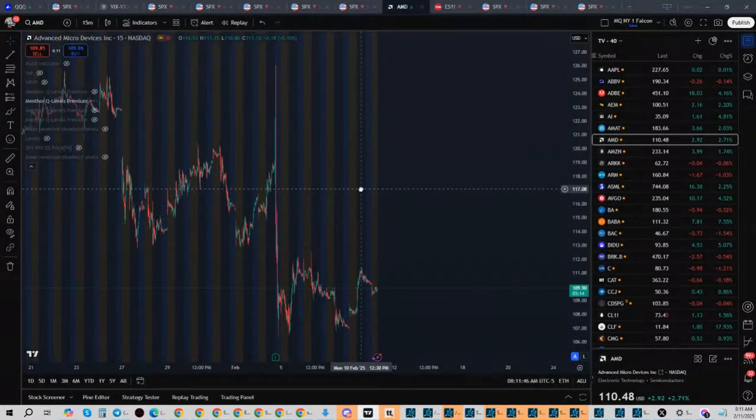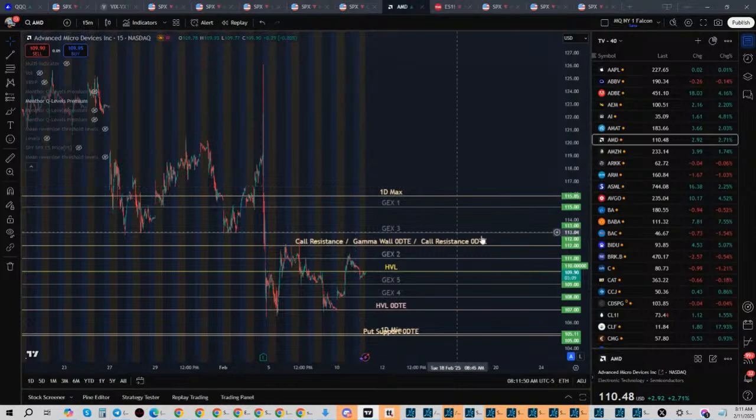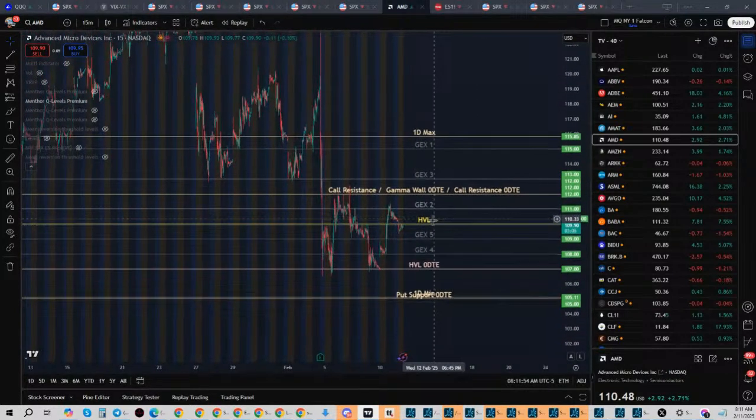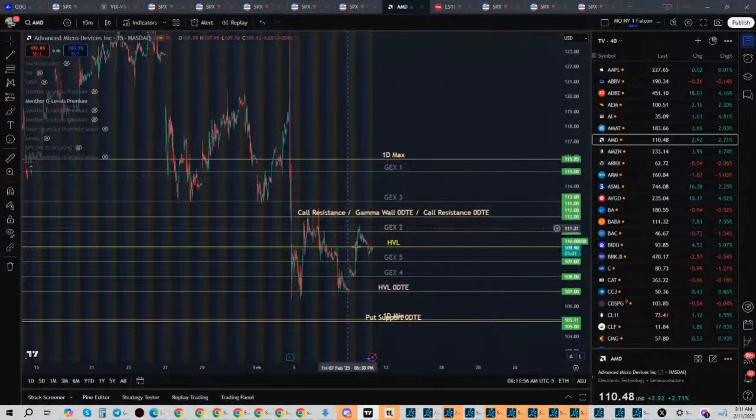AMD is slowly trying to get out from under. Later, when we look at AMD on the website dashboard, you'll see that it's kind of buried in puts. There's some local calls here at 112, 115. But throughout the chain, especially into February, there's just in-the-money puts.